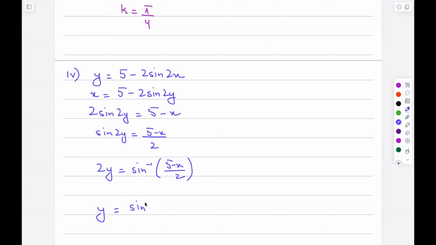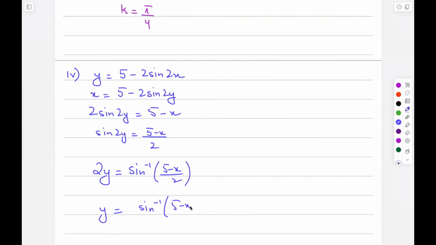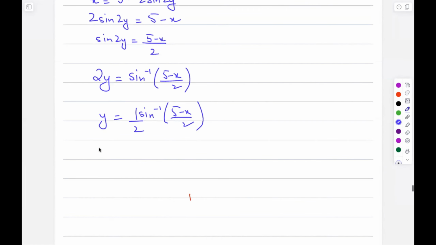So finally, we can write that g inverse of x will be equal to 1 upon 2 into sine inverse of 5 minus x upon 2.